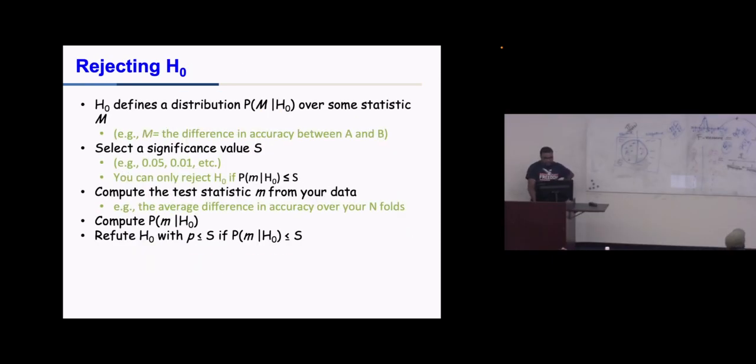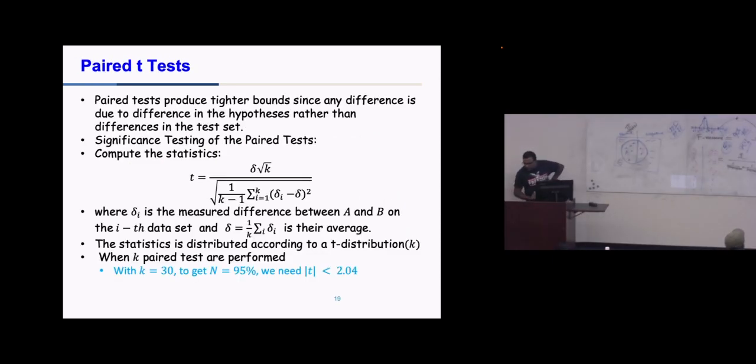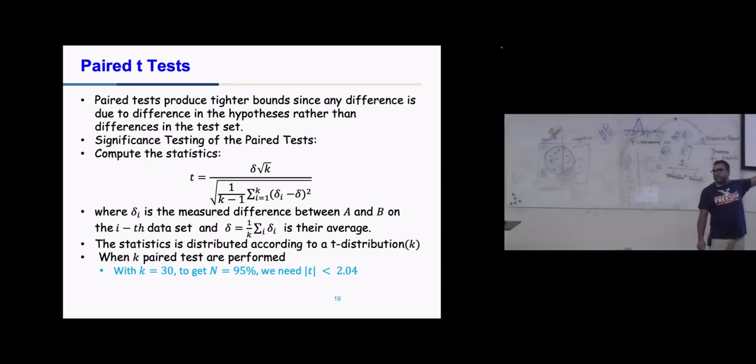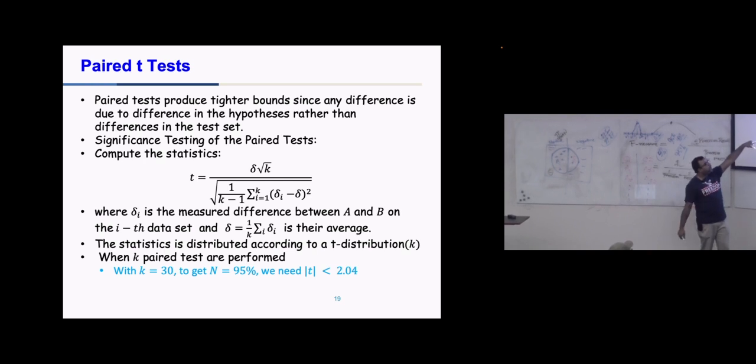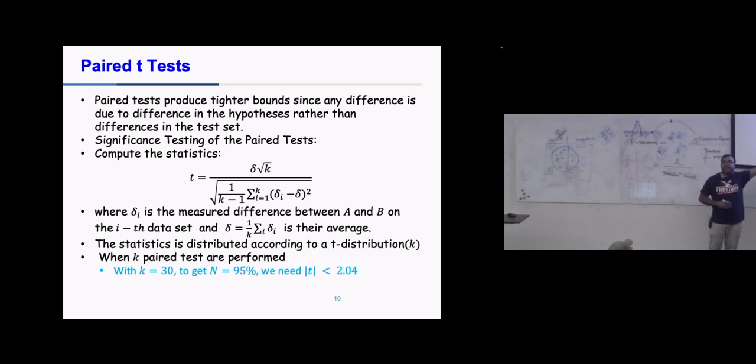So, what is the statistic we are going to compute? This is what the t-test looks like. Essentially, based on your data set, you want to compute this t statistic, which is the formula you see: delta times root k, where k is the number of examples you are testing on.